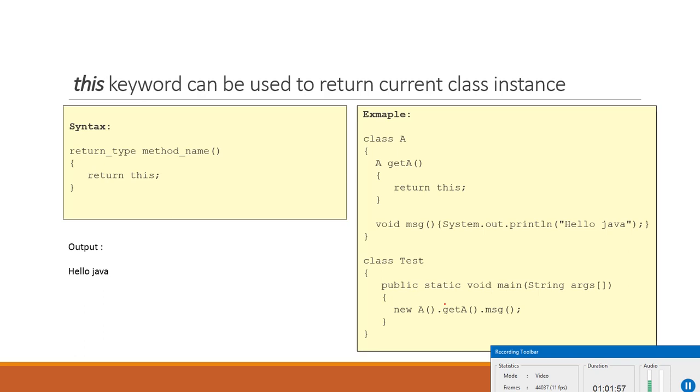The this keyword can be used to return the current class instance also. So you can have return this. It will return the instance of the current class. So for example, we have a class A and getA is a method, return this.